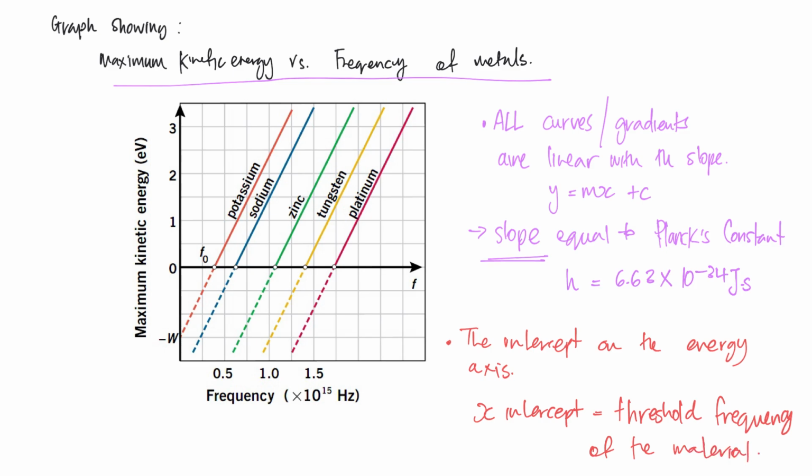So over here we can have a look. I'll just highlight it for you. Over here, can you see? Wherever it intercepts the x-axis, that is going to be your threshold frequency, which is your f0.